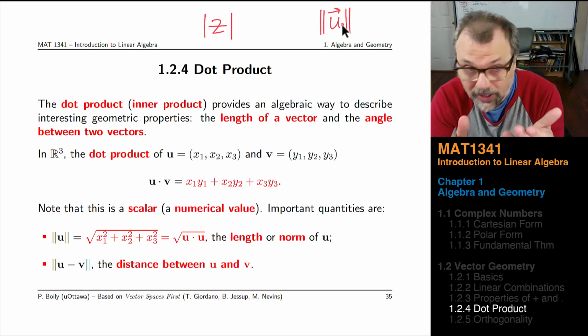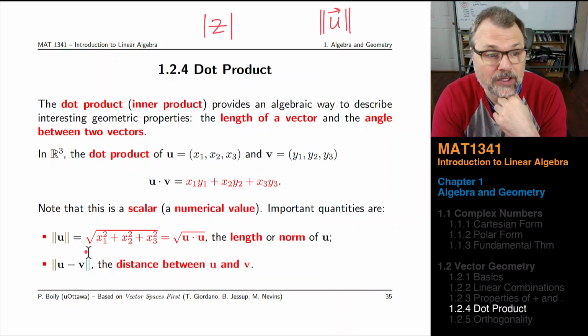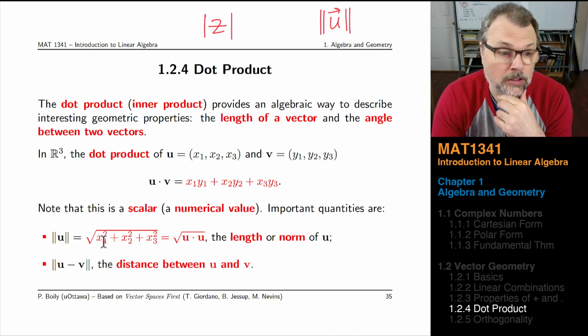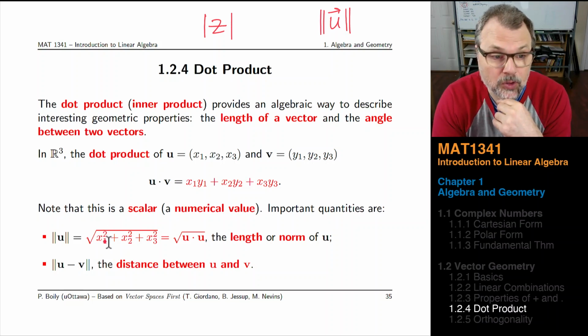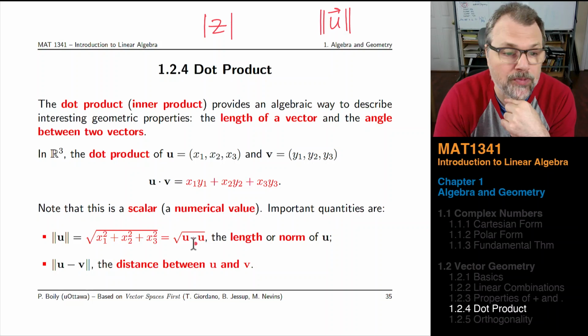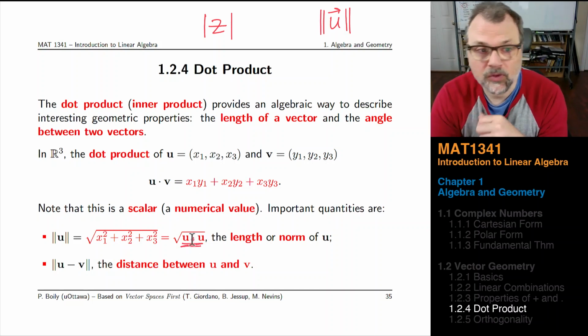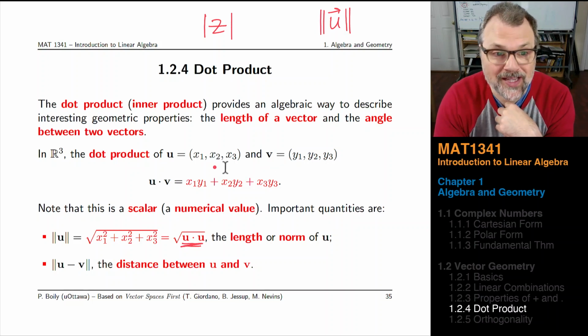In R3, the length of a vector would be the square root of the sum of the squares of each of the coordinates. That's x1 squared plus x2 squared plus x3 squared. This would be exactly u dot u. If u and v were exactly the same, then y1 would be x1, y2 would be x2, y3 would be x3.